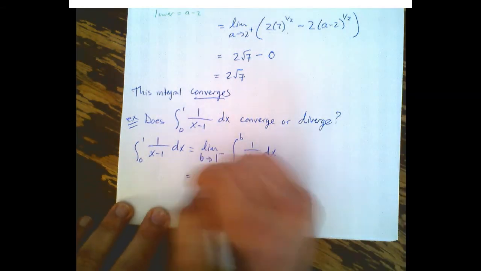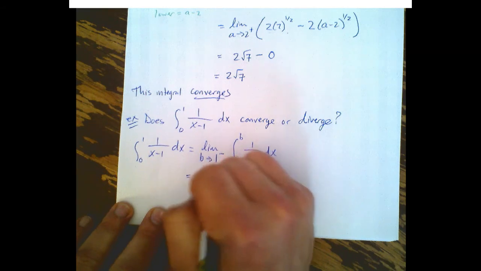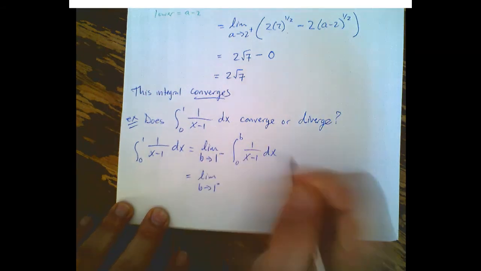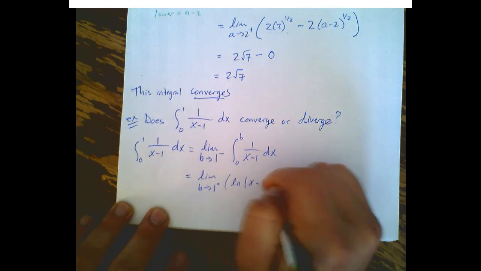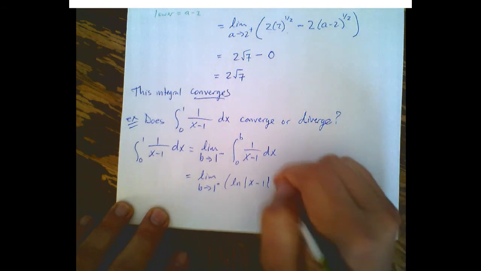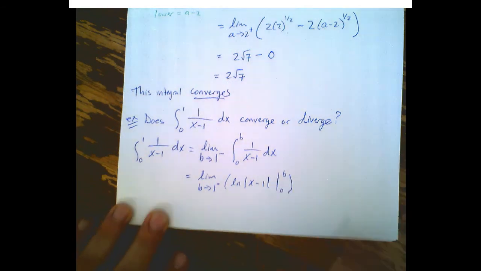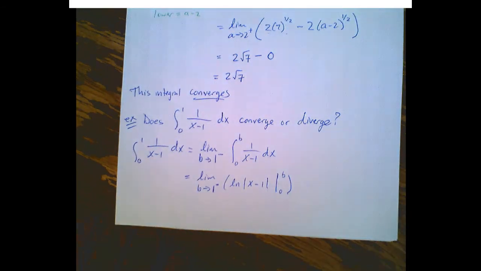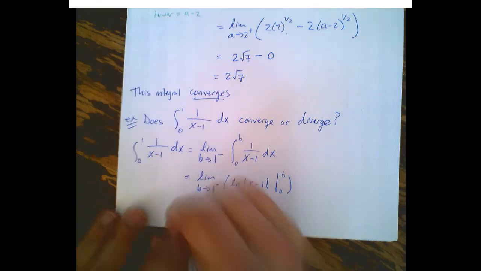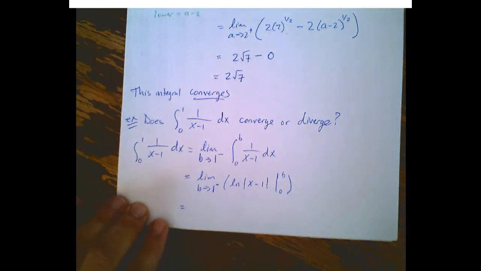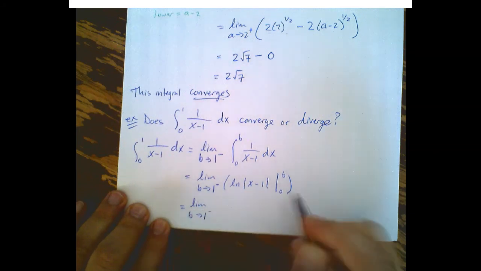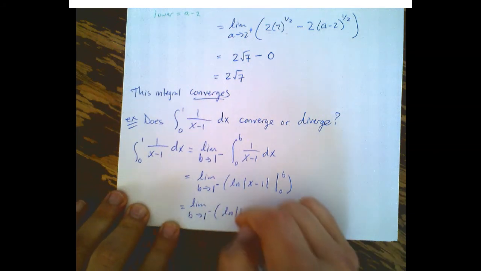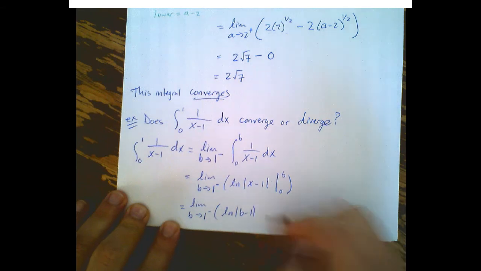So this is equal to the limit as b goes to 1 from the negative side of the natural log of absolute x minus 1 from 0 to b. So that is the limit as b goes to 1 from the negative side of the natural log of b minus 1 minus the natural log of 0 minus 1.